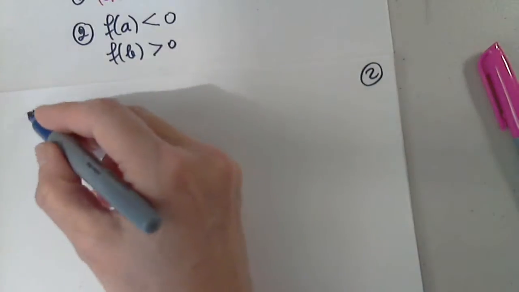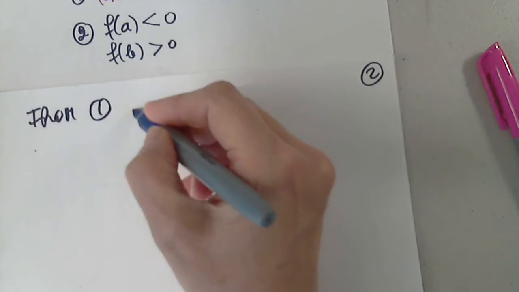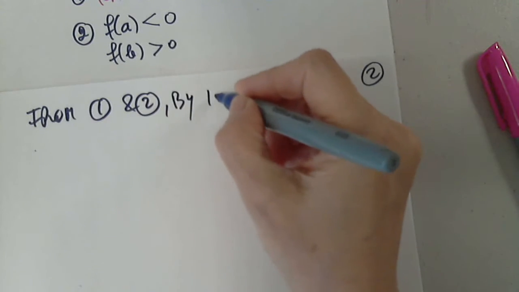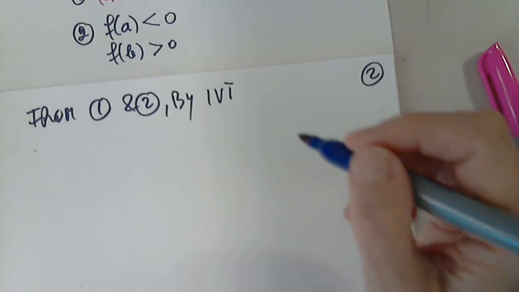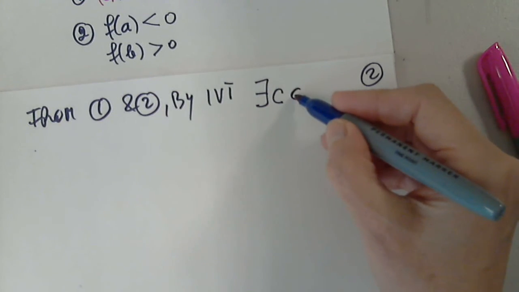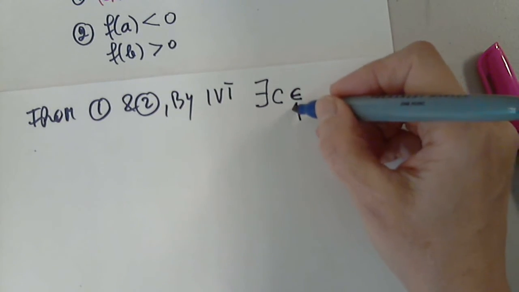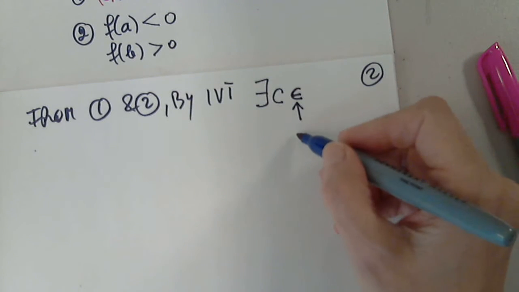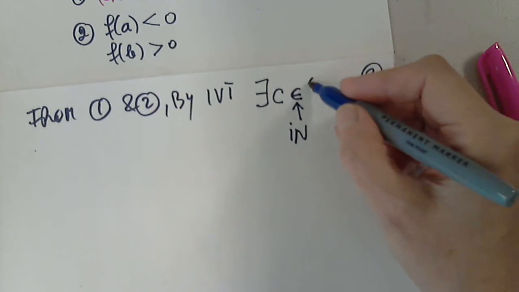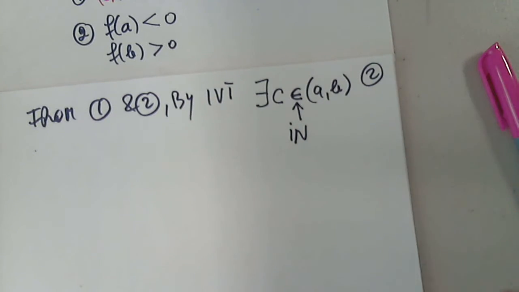So from 1 and 2, by IVT, there exists a number C inside, this is a new symbol that I have not talked about yet, this stands for in, the open interval a comma b, such that what?